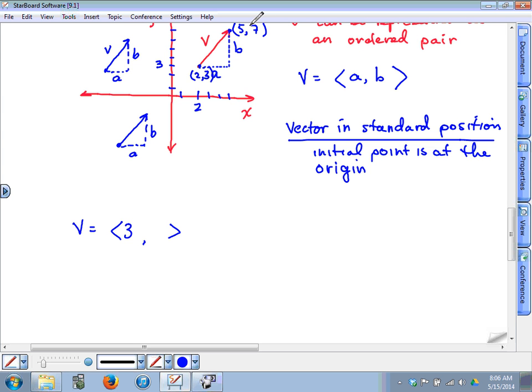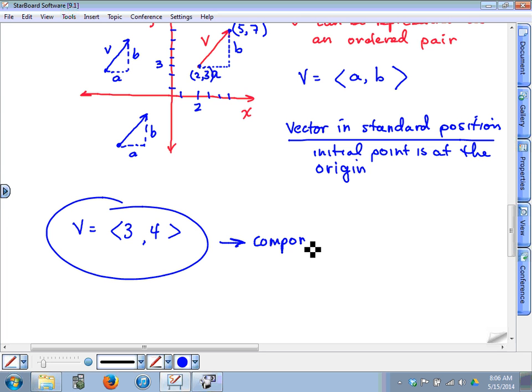So what happens to the vertical component? It becomes 4. That's how you would describe vector v. These are called the components of vector v. You can only call them components if the initial point is on the origin.